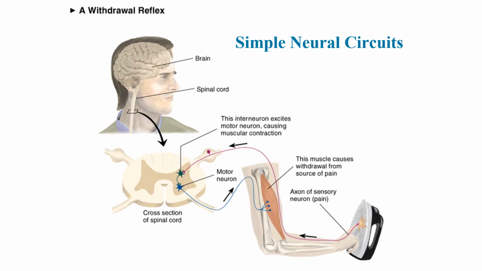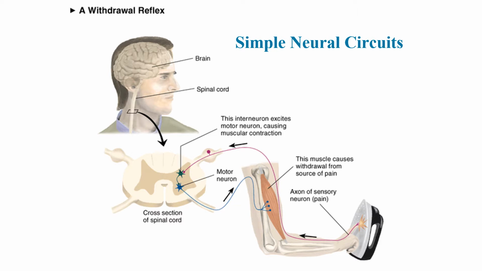So what is actually occurring when this system is working, when it's just going from the sensory neuron to the spinal cord, through the interneuron to the motor neuron? What is happening here is that a reflex action is occurring. It skips the brain, and we'll come back to this later, but it skips the brain and a reflex occurs.